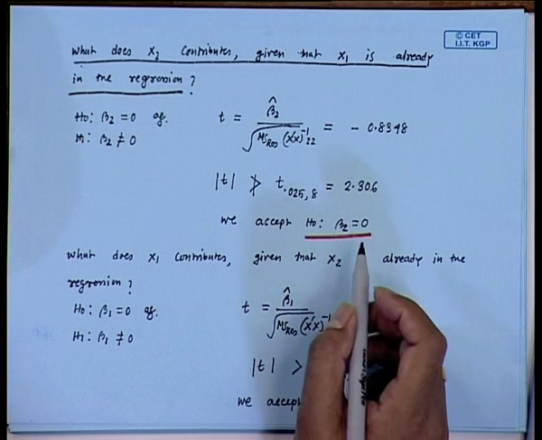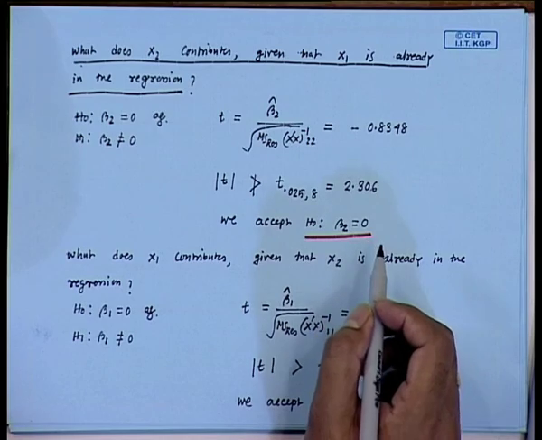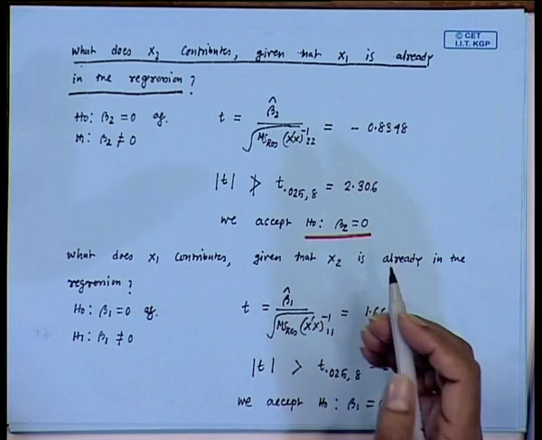Accepting the null hypothesis beta 2 equal to 0 means that the second regressor x 2 is not significant in the presence of x 1. Next, we will test the significance of x 1 in the presence of x 2.